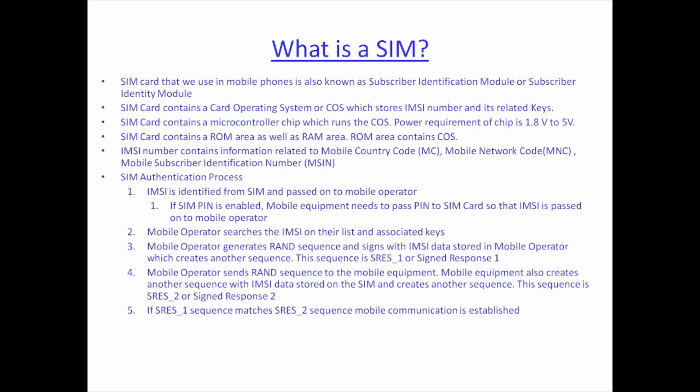Now we have, at one end, signed response 1, which is the sequence generated by the mobile operator along with the IMSI data it remembers. We have signed response 2, which is generated by the mobile equipment, triggered by the mobile operator, creating the second sequence. If both sequences match, mobile communication is established.